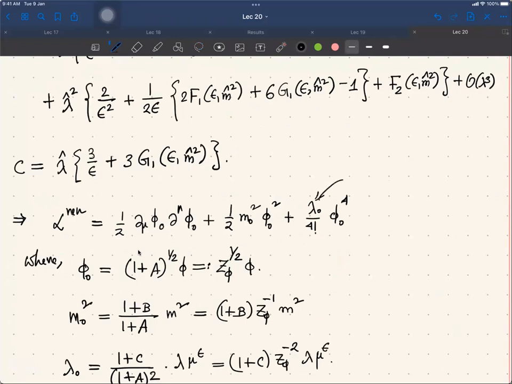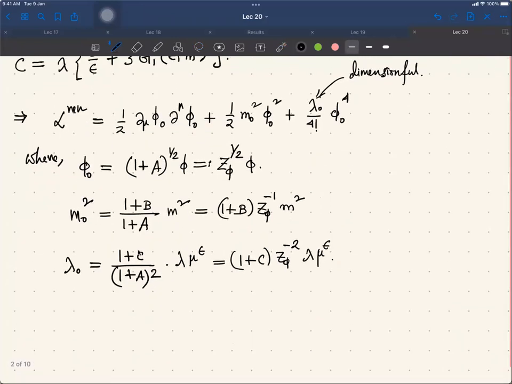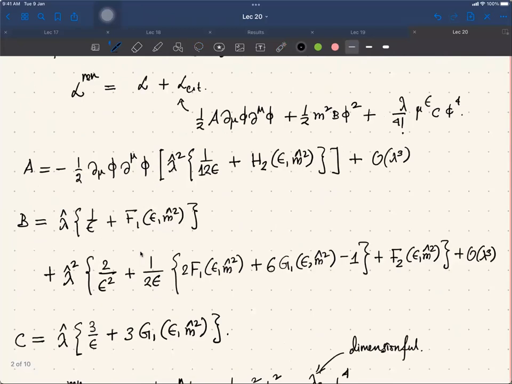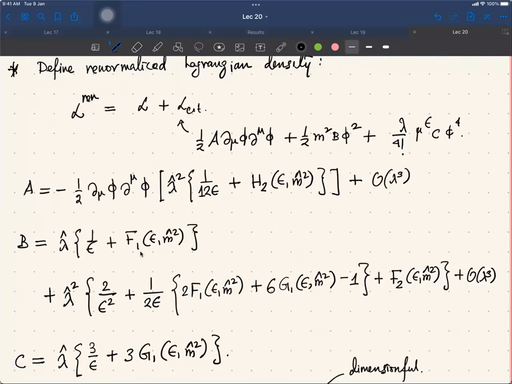So we see that this is called the bare Lagrangian, or the renormalized Lagrangian is of the same form as the original Lagrangian, and the quantities that we are defining now, phi 0, m0, and lambda 0, these are called bare quantities, and these are divergent because this A, B, and C are the counterterms which diverge in the epsilon going to 0 limit because of the poles.